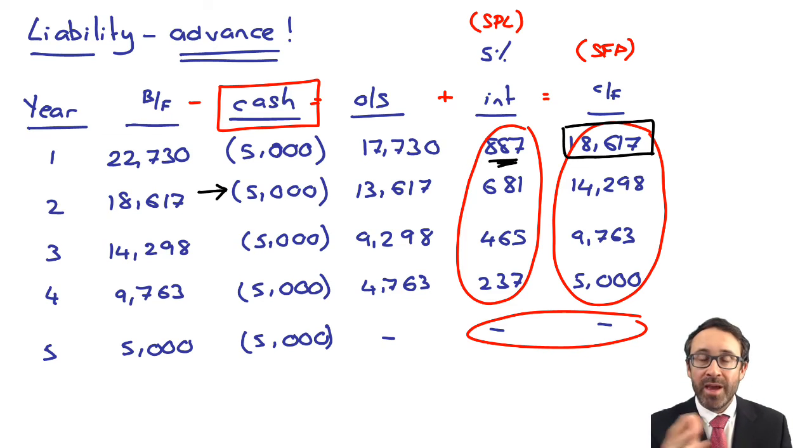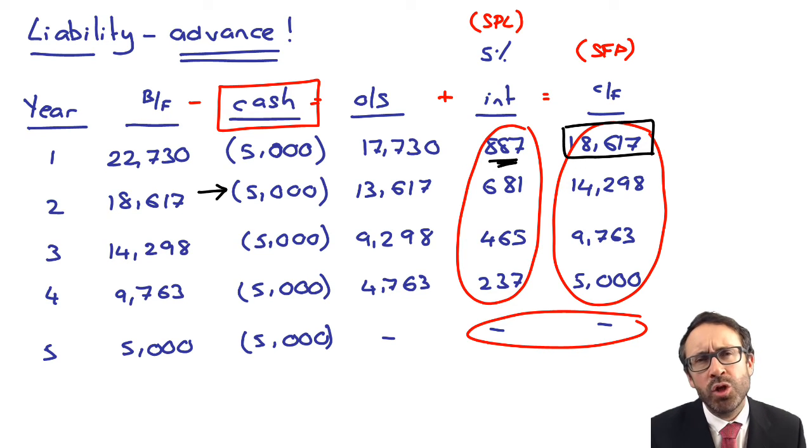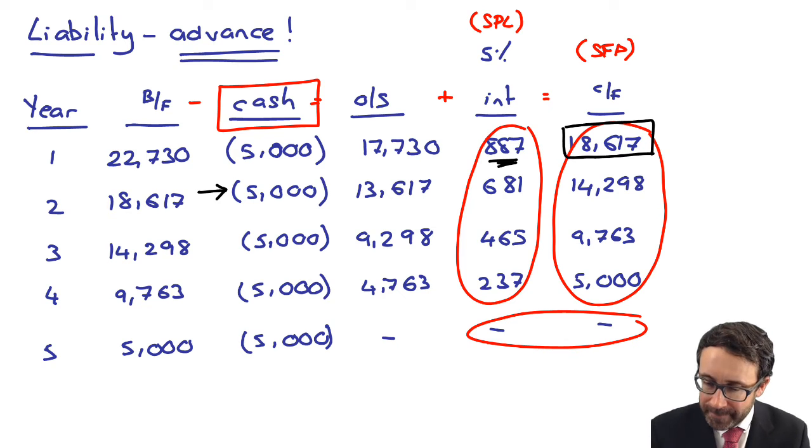Okay, so we'll pay off the 8,887, and then it will pay off the remaining capital balance.